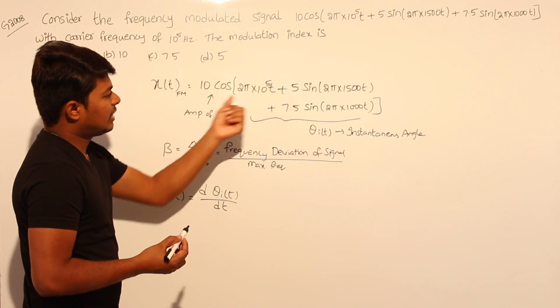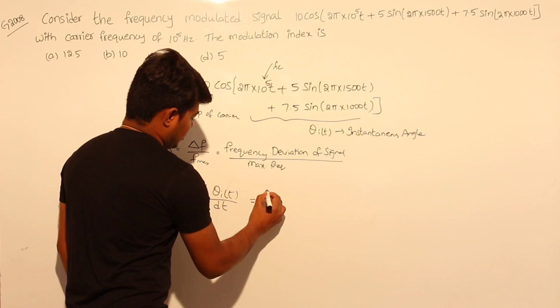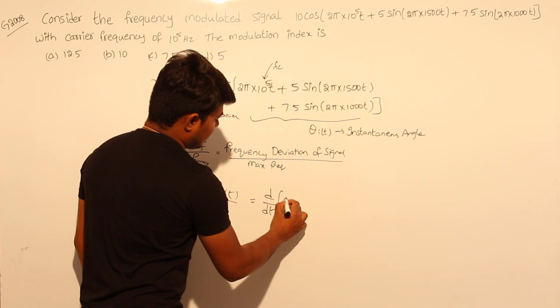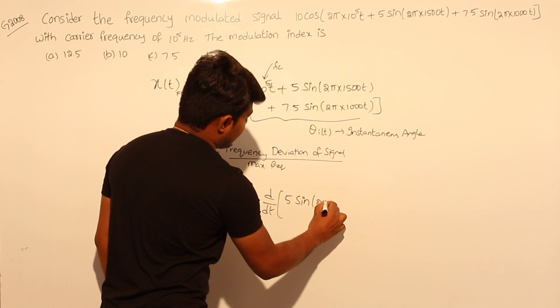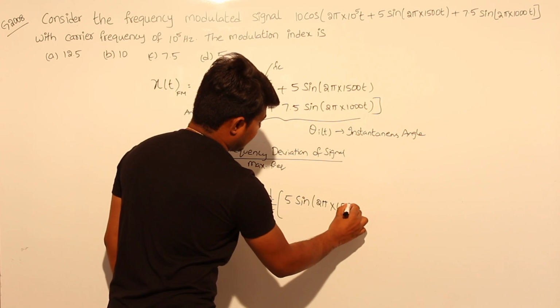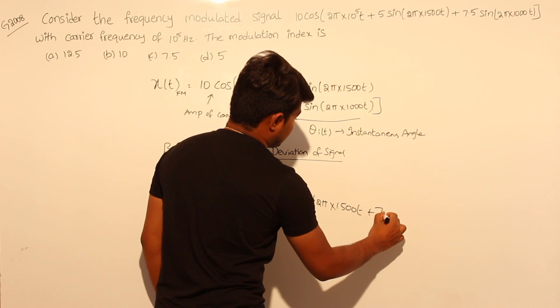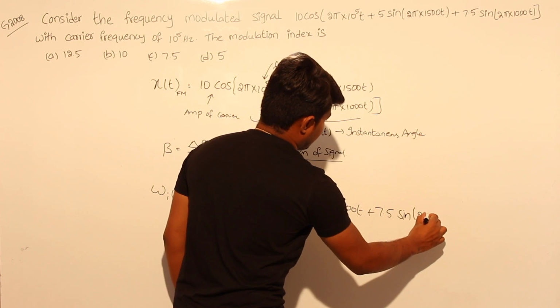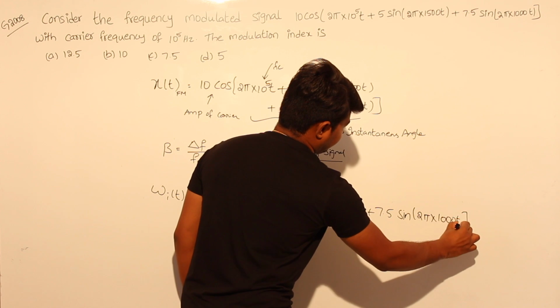Now take the signal and differentiate with respect to time. This will be equal to d by dt of 5 sin 2 pi into 1500 t plus 7.5 sin 2 pi into 1000 t.